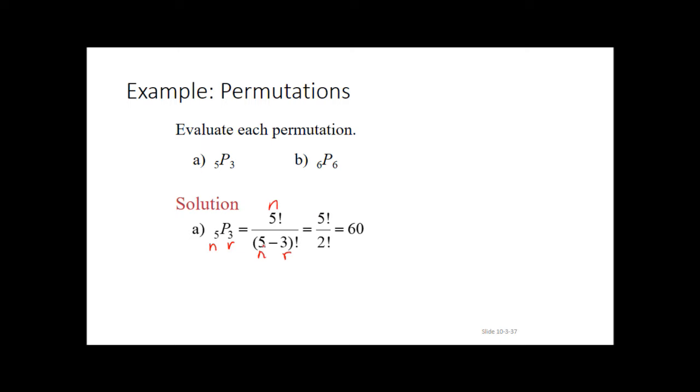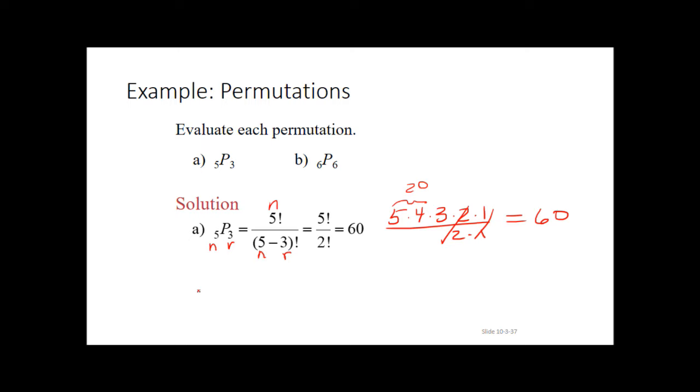That's 5 factorial over 5 minus 3, which is 2 factorial. 5 factorial over 2 factorial is 60. How did I get that? 5 times 4 times 3 times 2 times 1 over 2 times 1. So we have 20 times 3 is 60, or you can just do it with your calculator: 5 factorial divided by 2 factorial.